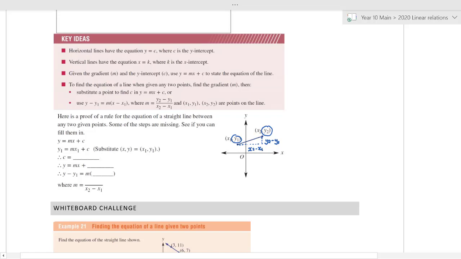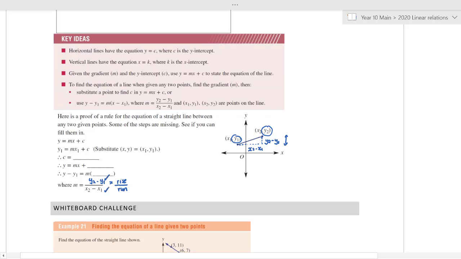So what we can say is that m is (y2 minus y1) over (x2 minus x1), which is really the same as rise over run. It looks confusing, but really all it is is a difference of the two coordinates. We're looking at this distance here for the rise, which is y2 take y1, and x2 take x1 is here.